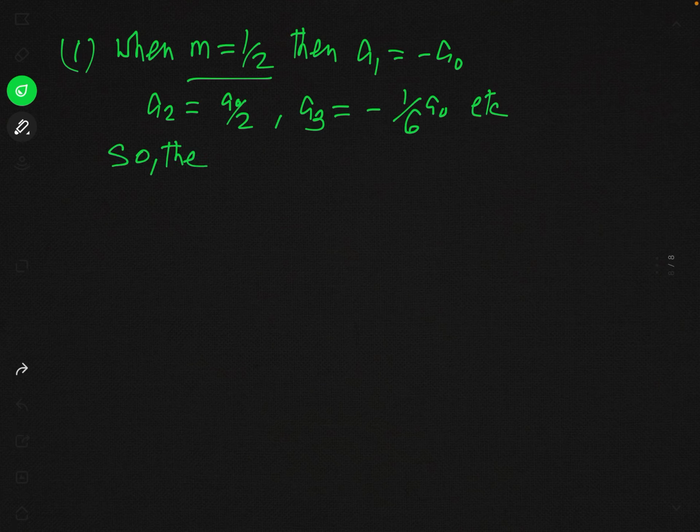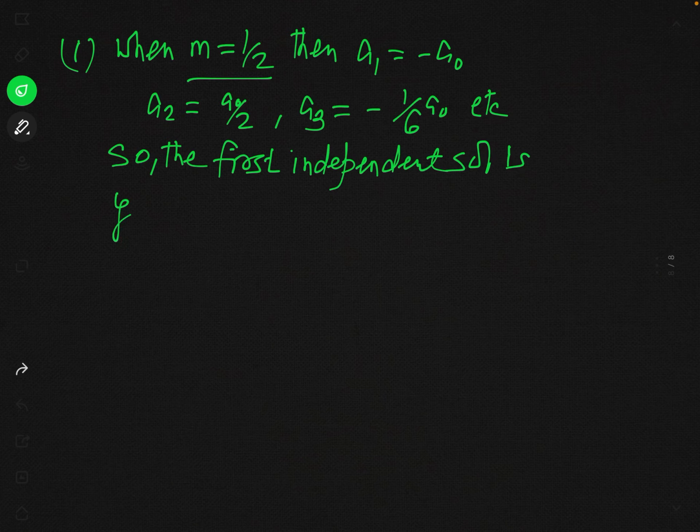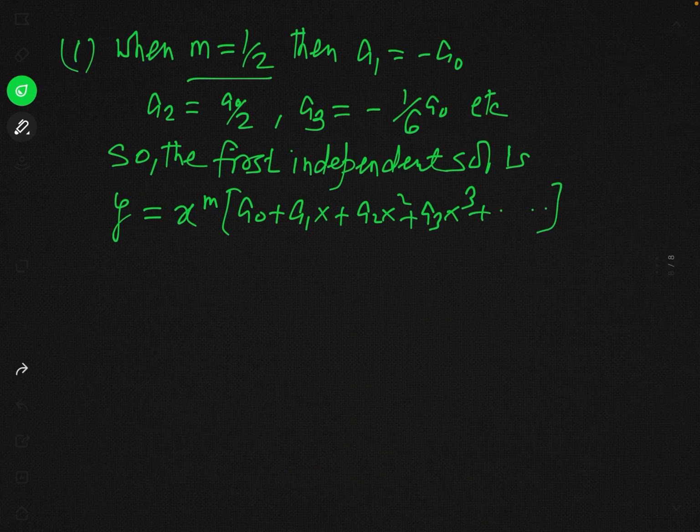So the first independent solution. The first independent solution is, you have seen that the solution in general is what? x to the power m into a naught plus a1x plus a2x square plus a3x cube and so on.